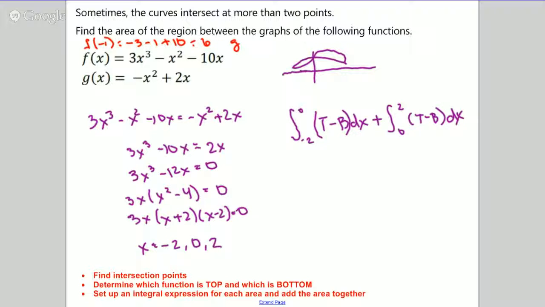And then g of -1 will be -1 minus 2, which is certainly less than 6, right? So for the first integral, the top function is f and the bottom function is g. So for the first integral, I'm going to go from -2 to 0 of f of x minus g of x dx.